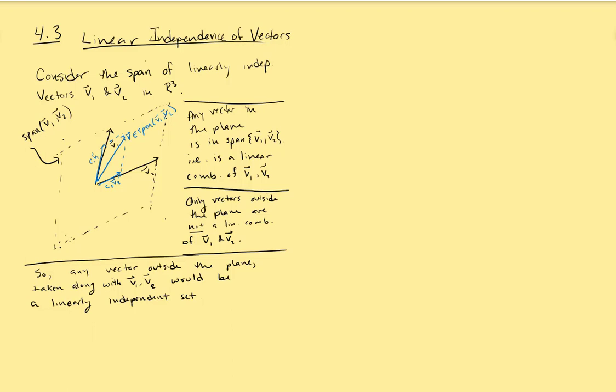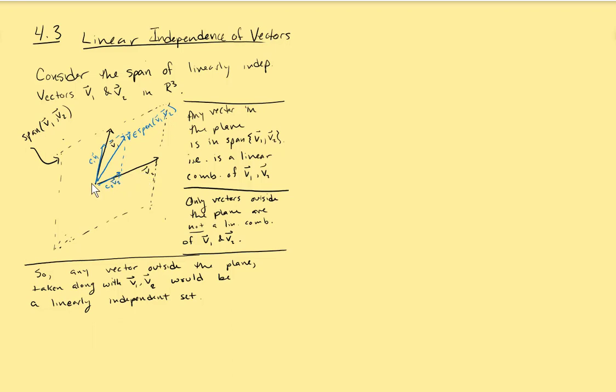So here you'll notice I'm saying we want to consider the span, all the linear combinations of linearly independent vectors v1 and v2, thinking of it in R3 just for convenience. So if we think about a vector v1 in black here and v2 in black here, any linear combination of those two would be in the span of these two vectors.